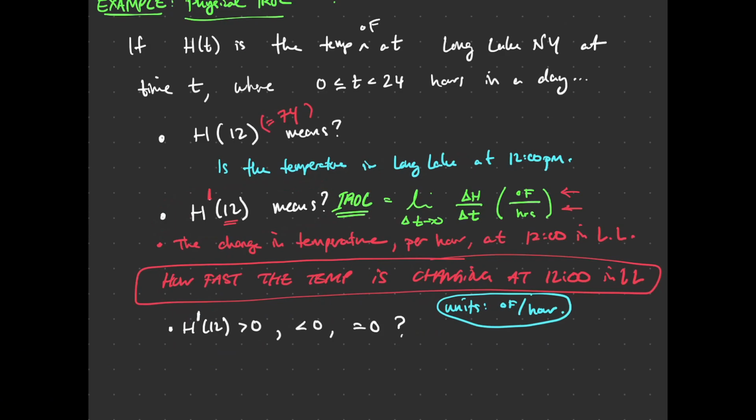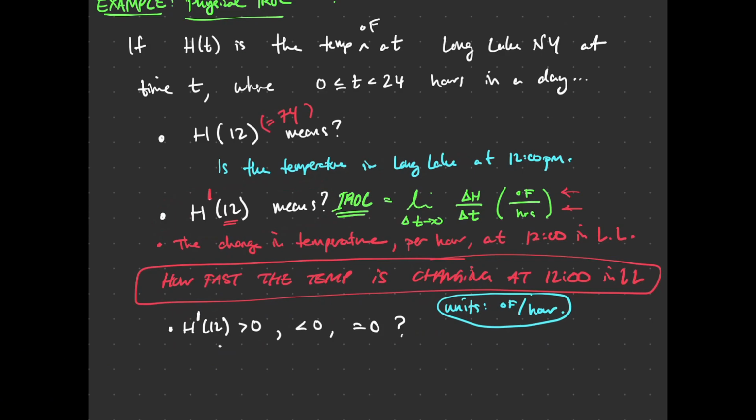What do we think? What would we expect? Well, if it's noon, we have yet to reach peak temperature throughout the day. That usually happens later in the afternoon. So what does this mean? It means the temperature should still be increasing, right?